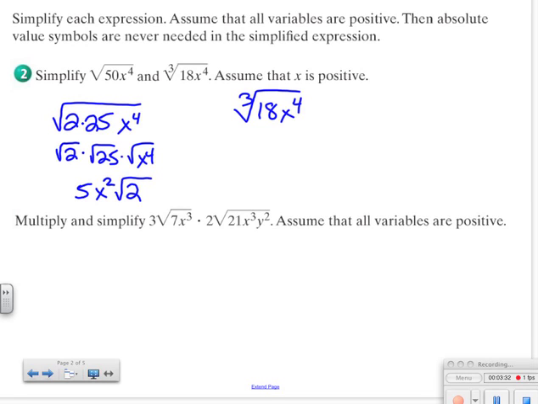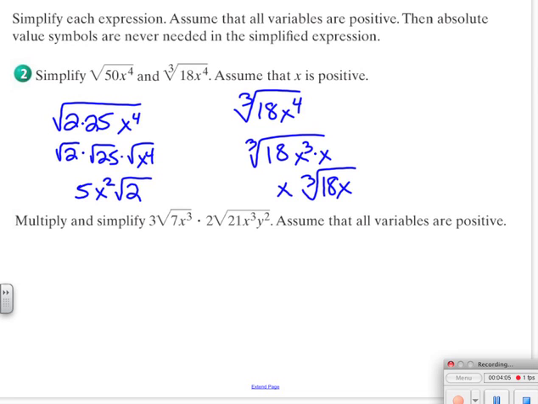But I look at that x to the fourth, and that's where I can separate it out. So the cube root of 18 stays in there. But x to the fourth can be x cubed times x. And when I take the cube root of that, the cube root of x cubed is just x, so I pull that out in front, and I'm left with the cube root of 18x on the inside.